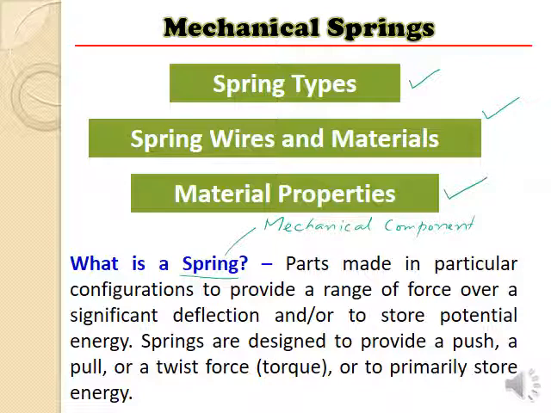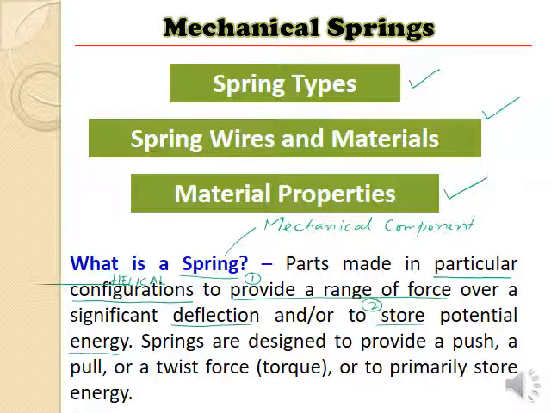A spring is made in a particular configuration, and the particular configuration here refers to helical configuration. And what is the purpose? To provide a range of force over a significant deflection. That's one. The second objective is to store energy.